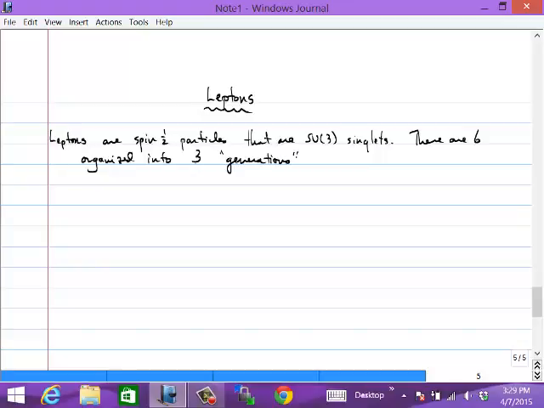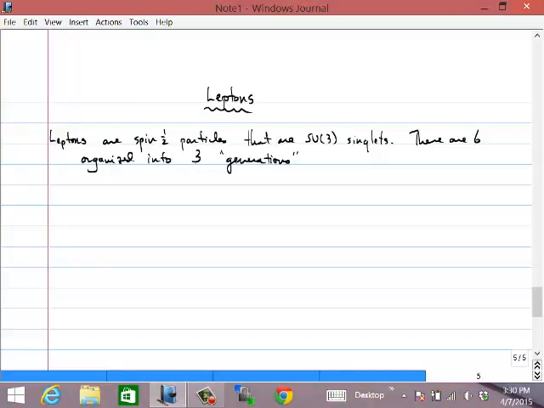That is to say, we have 3 doublets of leptons. Now, they're called generations because the quark fields are also organized into 3 generations, and the masses of the generations arise in a hierarchy.